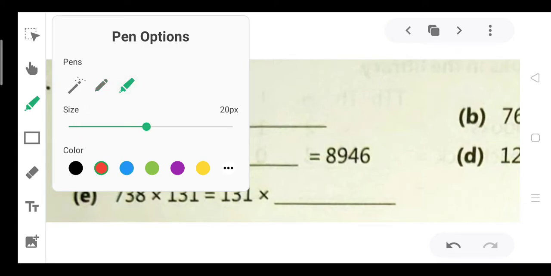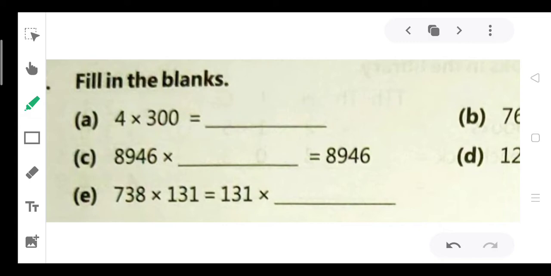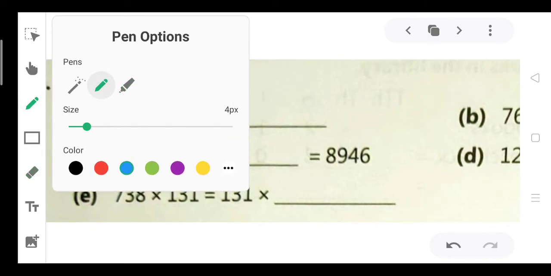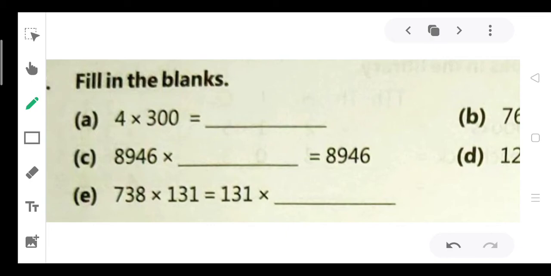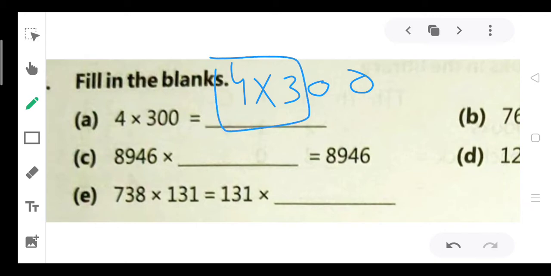See students, here also same. Firstly we will multiply the non-zero digit, means 4 we have to multiply by 300. 4 3s are 12, and then these 2 zeros we will put at the back.